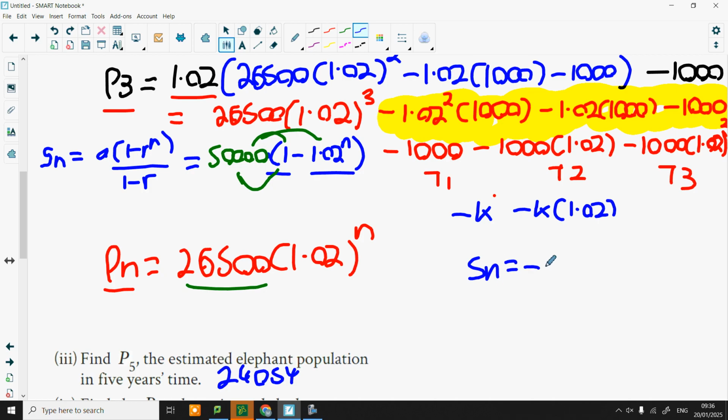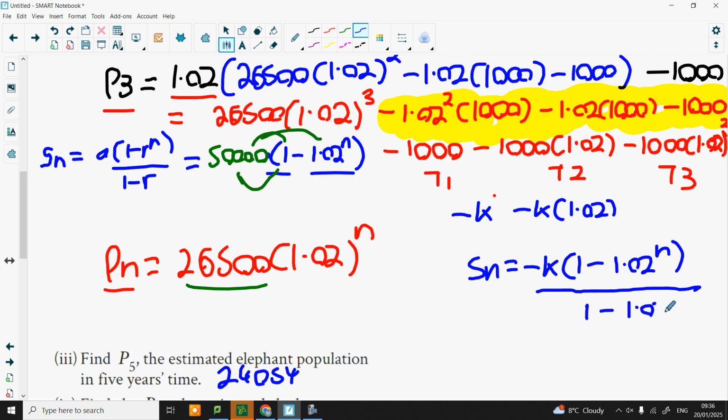Agreed? So, what's the Sn formula then? It's going to be minus K, 1 minus 1.02 to the power of n. And then on the bottom, it's going to be 1 minus 1.02. Can anybody tell me what's 1 divided by 0.02?